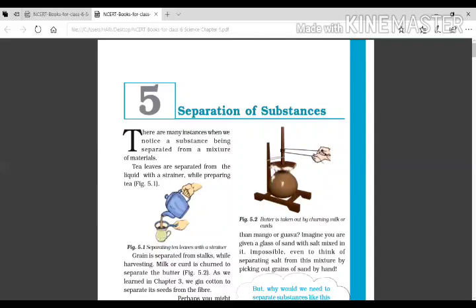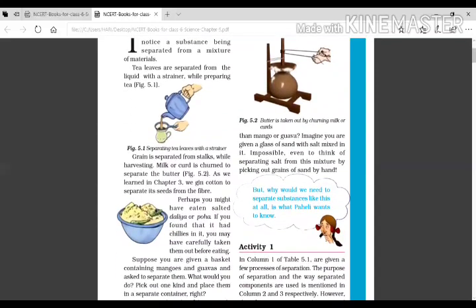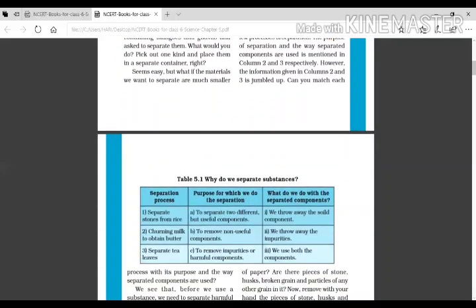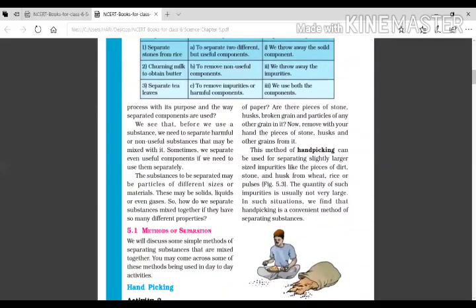Okay, now we will see which are the various methods used for separation. First, we will see about hand picking. There are various methods like hand picking, threshing, winnowing, decantation, filtration, evaporation. Many methods of separation are there.